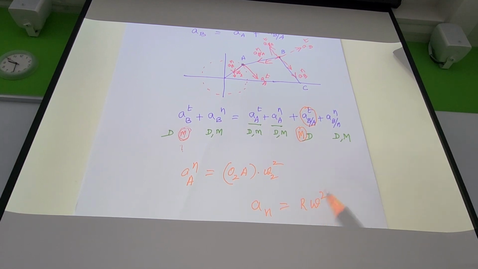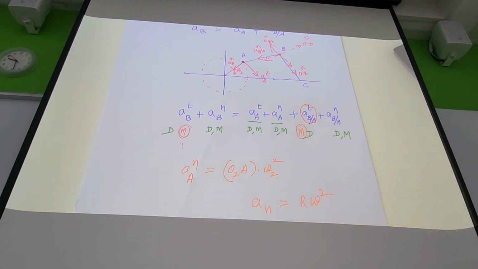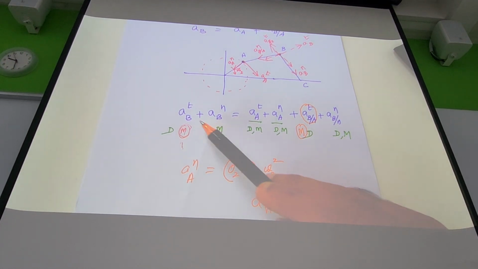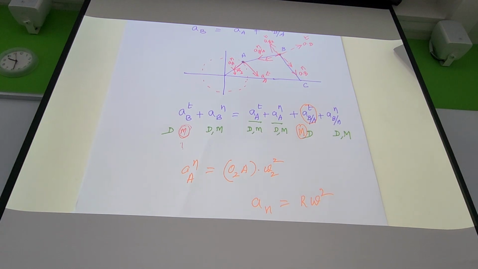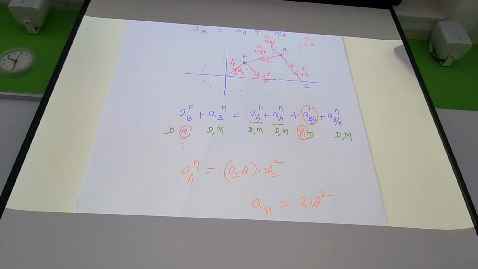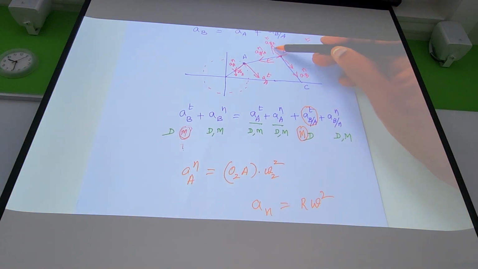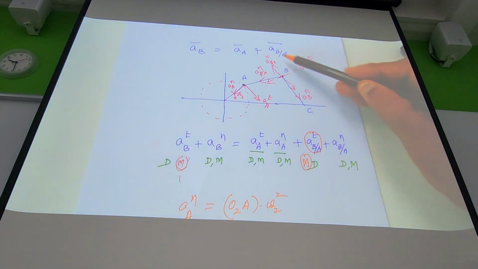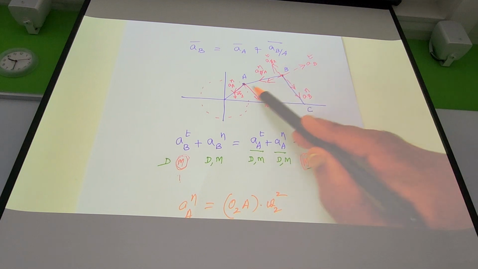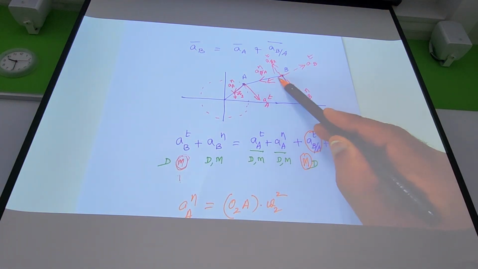Since we know angular velocity, we know the normal components. Then the tangential component of acceleration is perpendicular to the normal, so that means perpendicular to the link. Whether it is upwards or downwards, we need to decide. For example, BA tangent will be perpendicular to the AB link.